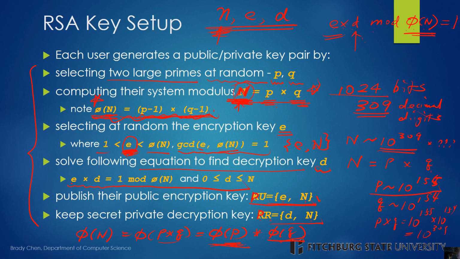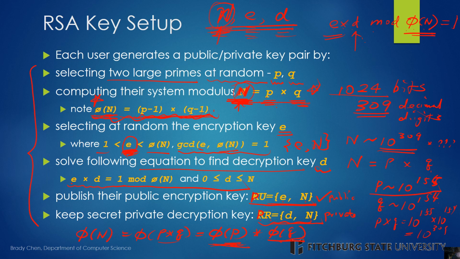So we find N, and also we find E and D, and E and D are multiplicative inverses of each other modulo phi of n.